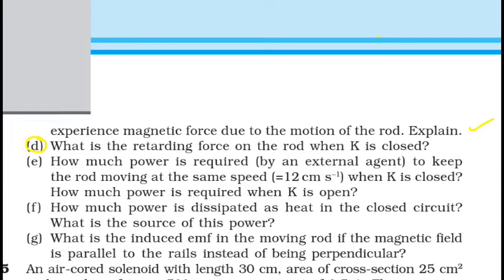Now let us see question number E. How much power is required to keep the rod moving at the same speed, 12 centimeter per second, when K is closed? And how much power is required when K is open?